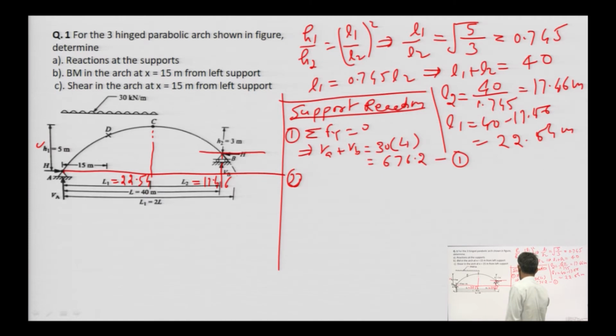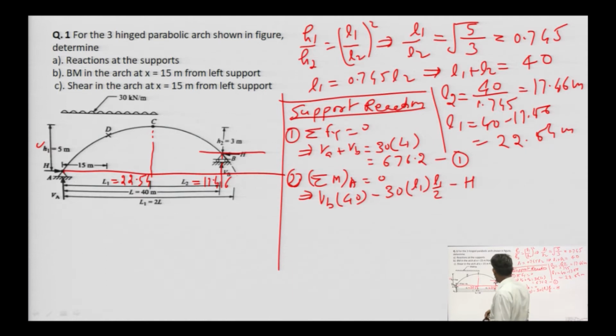Second, sigma M about A equals 0. What will we get? The value of VB into the distance 40, minus the load 30 into L1 into L1 by 2, minus H into Y. Y will be the difference, which means 5 minus 3.